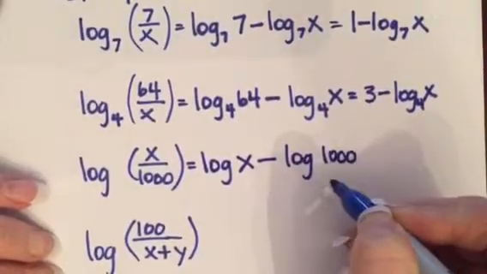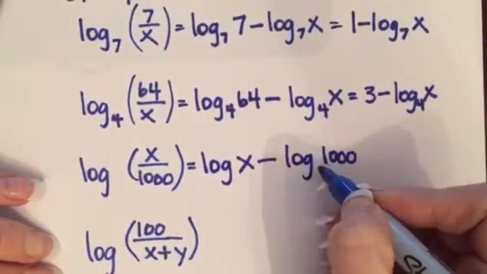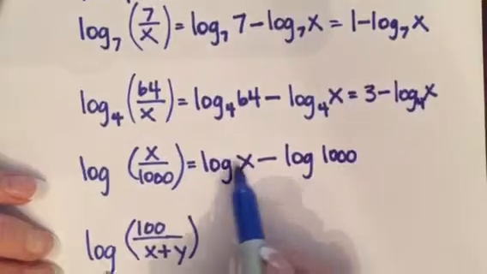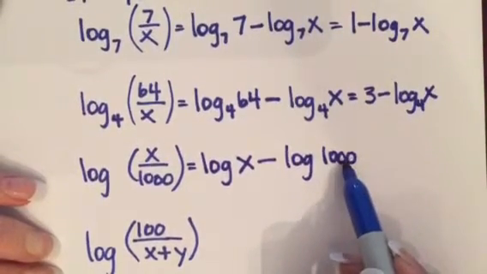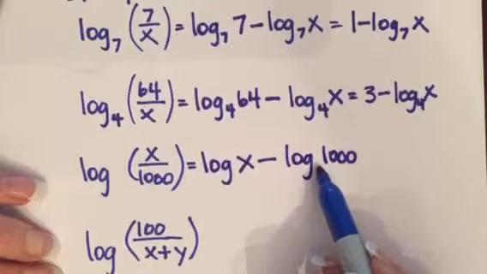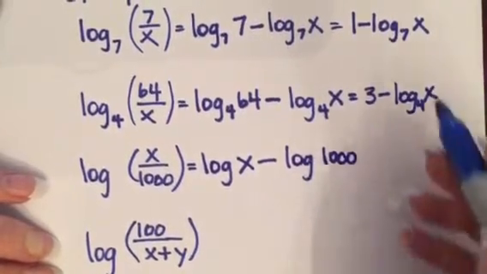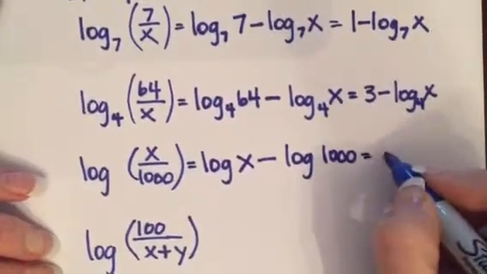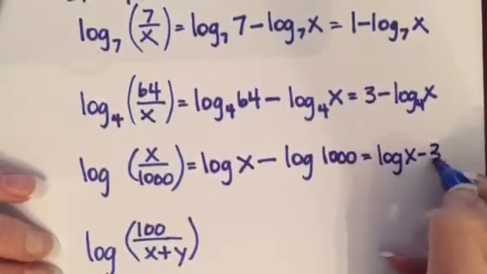Recall, when there's no base written explicitly, it means that the base is 10. And so this piece here does not simplify, but this one does, because we know that 1,000 is a power of our invisible base of 10. In fact, this is the number 3. So log of x minus 3.